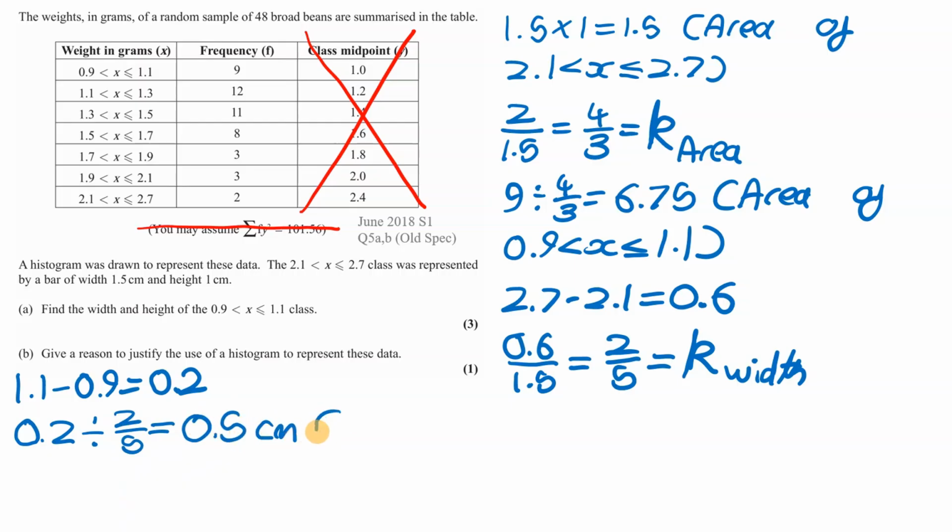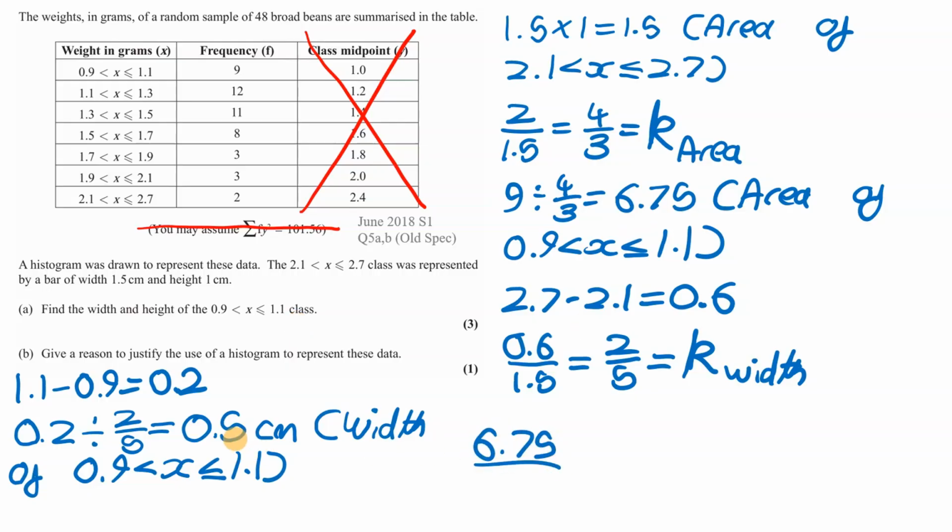So 0.5 centimeters is the width of the 0.9 to 1.1 bar. Now we have the area of this histogram bar and its width, so we can figure out the height: the area, which is 6.75, divided by the width, which is 0.5, which in your calculator is 13.5 centimeters.